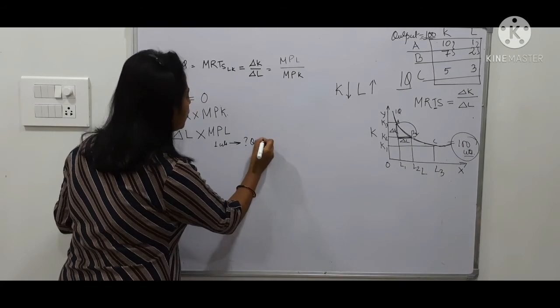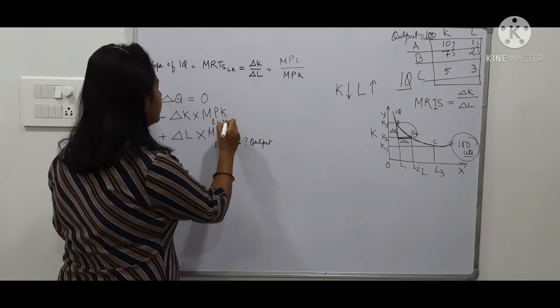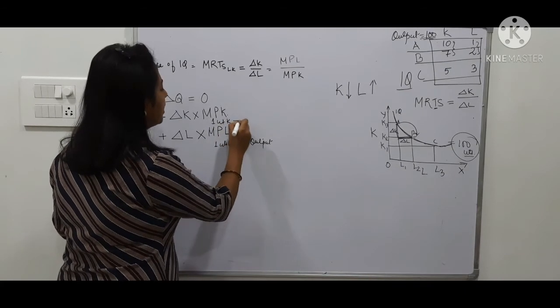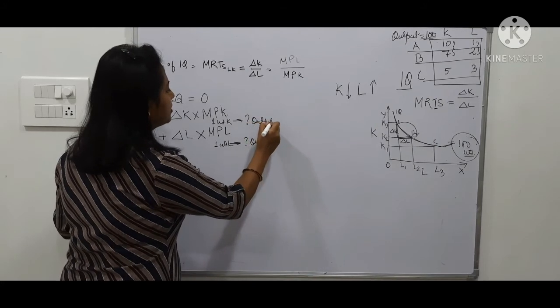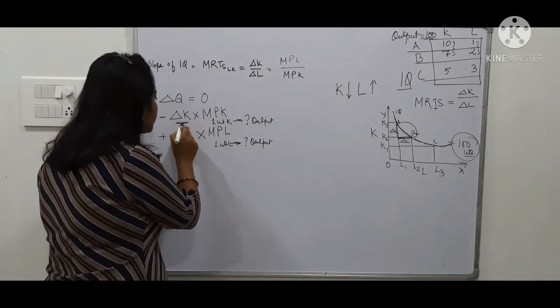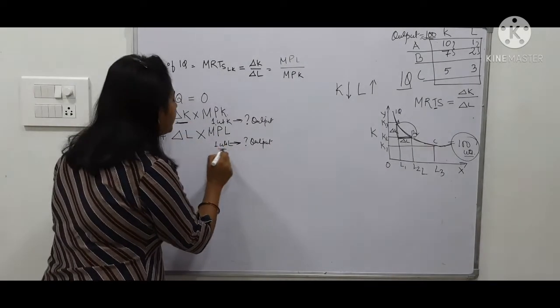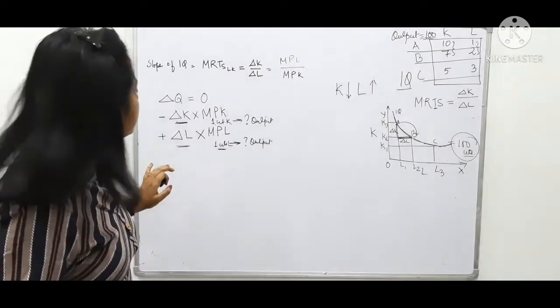Marginal productivity of capital says 1 unit of capital brings about how much change in output. And you multiply by how many units of capital you have changed, and how many units of labor you have changed. So this is what I am writing.